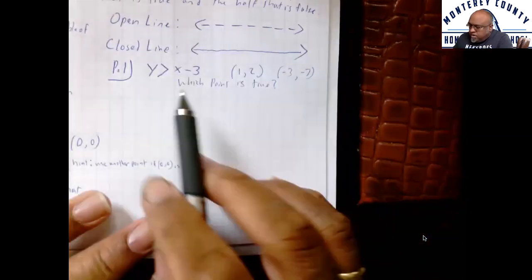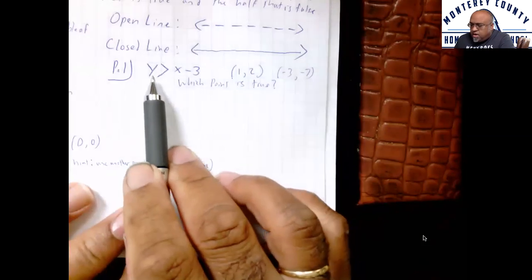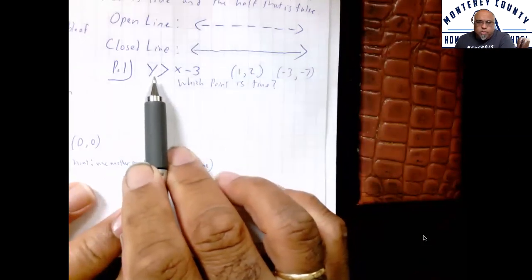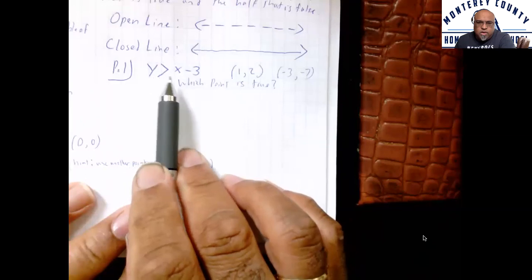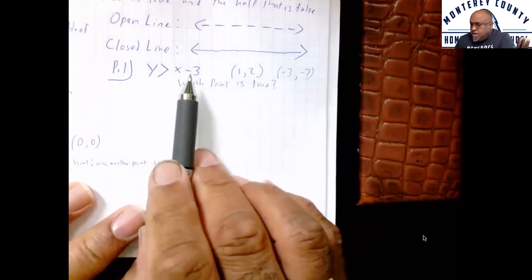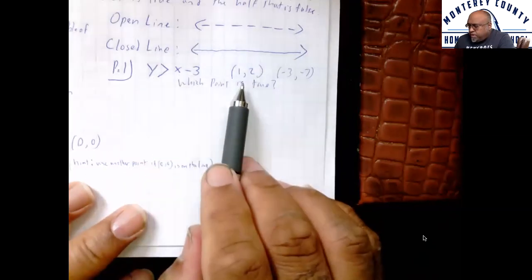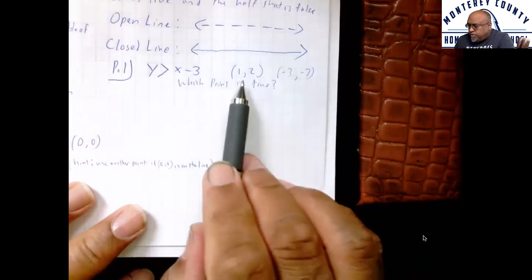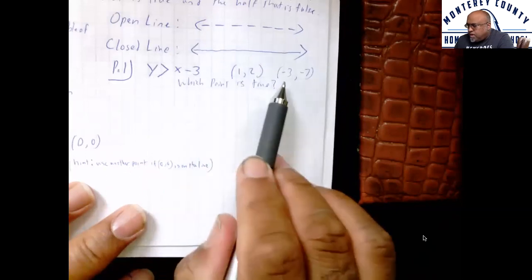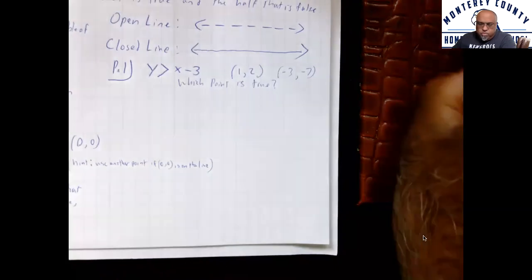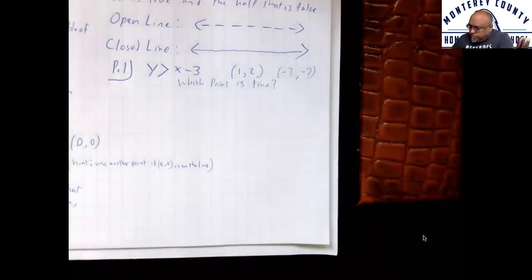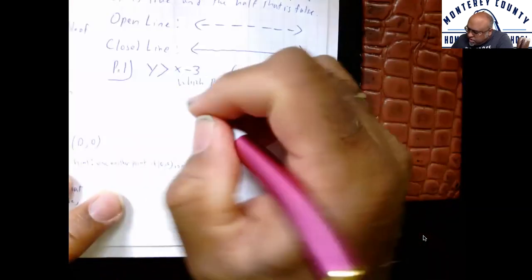Okay, so problem 1, I have an inequality here. It's written in slope-intercept form: y is greater than x minus 3. And I have a couple of points. So which point is true? I have the point (1, 2) and (-3, -7). So what I'm going to do is substitute in these points.